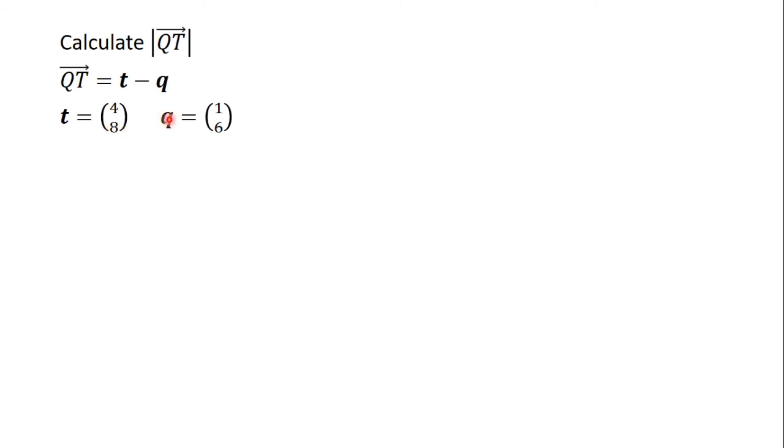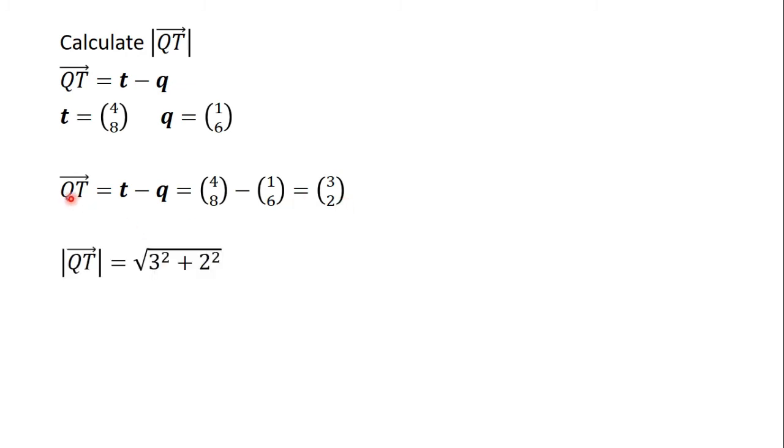And components of position vector Q are (1, 6). So it means that QT, which is T minus Q, is equal to (4, 8) minus (1, 6). 4 minus 1 will give us 3. 8 minus 6 will give us 2. So we now have the components of vector QT.